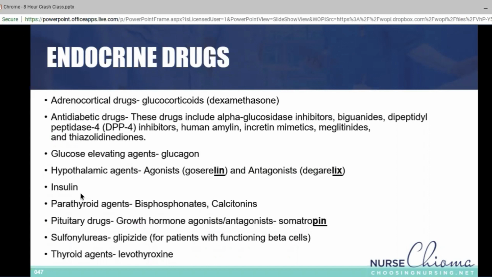You definitely want to spend time learning about this one, because glucocorticoids will cause the blood sugars to go up, even if they have diabetes or they don't have diabetes, right? So it's going to cause their blood sugar levels to rise. Even if they don't have diabetes, we're going to do AC checks.